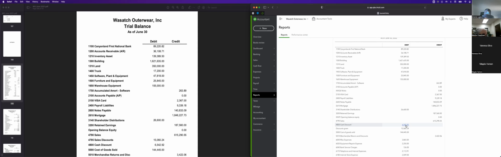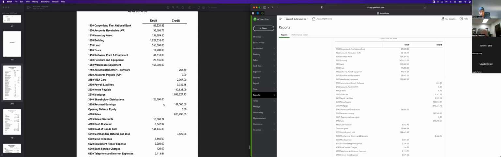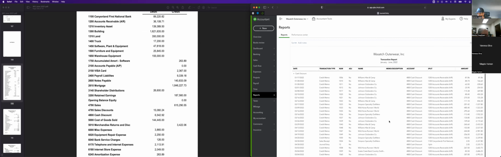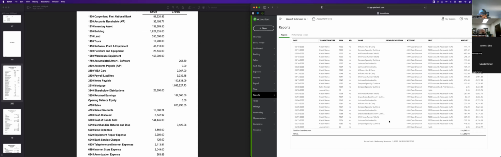And then my cash discount, that 4,800 cash discount, because that was what I did, I took the discount, and apparently my math was different than theirs. So then I have $2.05 less than what they want me to have on this cash discount. I can do a trial balance, I can do a journal entry, and I can switch those around. But then when I do my profit and loss, I have to take it off because otherwise I have too much under my 4,800 cash discount.